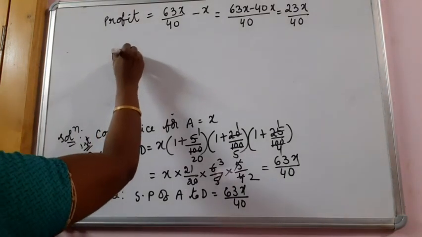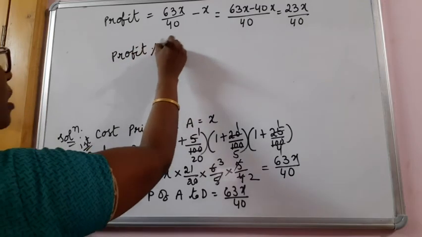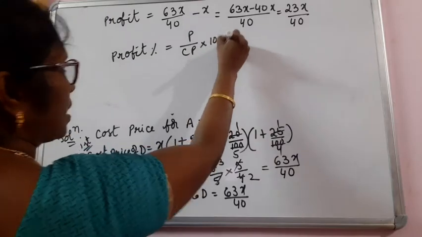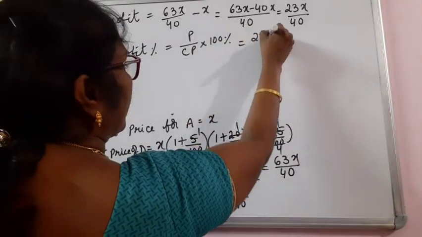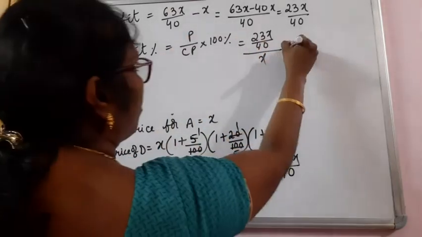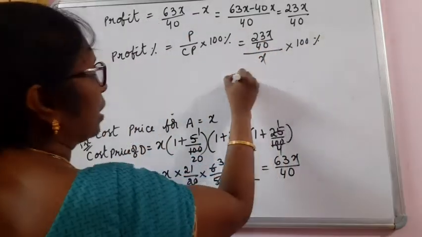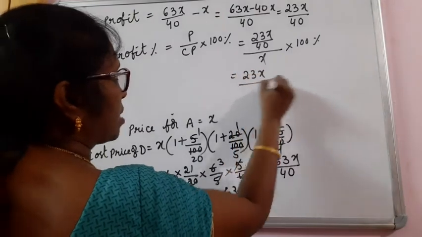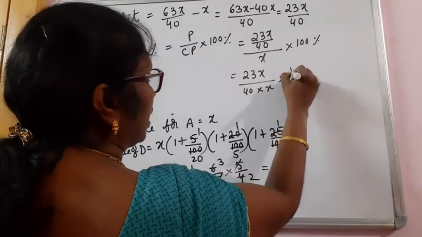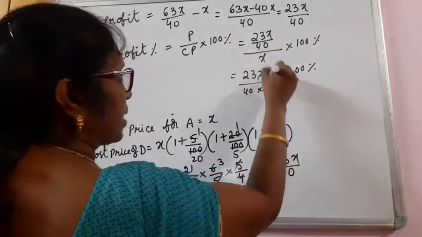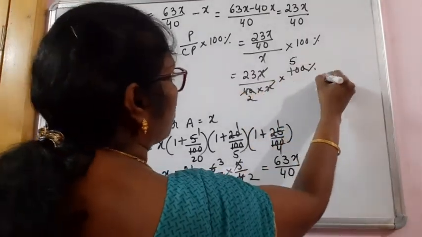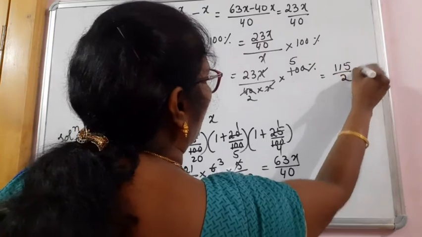So let us find the profit percent of A. You know that profit percent is profit by cost price into 100%. Profit is 23X by 40 by cost price, A's cost price X, into 100%. That gives you 23X by 40 into 1 by X into 100%. X cancel, 0 cancel, 2 2s are 2, 5 is 5, so we'll get 115 by 2%.